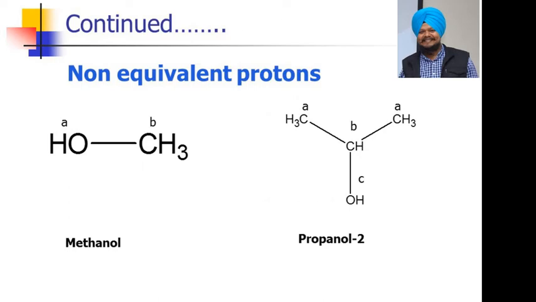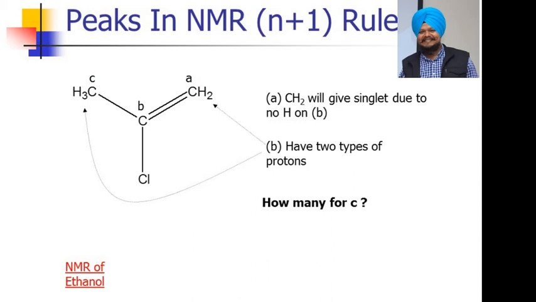Peaks in NMR are given by the n+1 rule. So what is the n+1 rule? According to the n+1 rule, we have to add 1 to the number of hydrogens on the neighborhood. For example, CH2 is there in A, and there is no hydrogen in B, so we have to add 1.